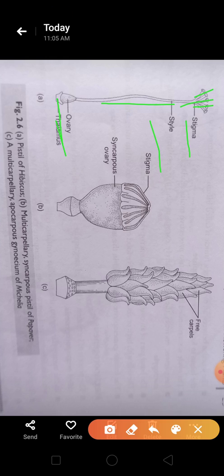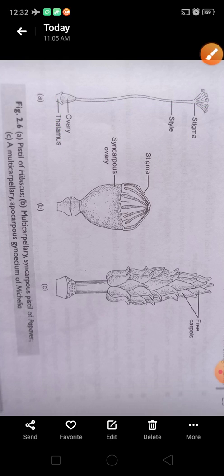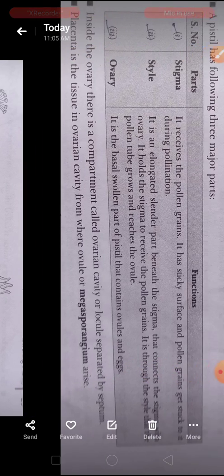Clear? I repeat once again, by the process of pollination, the pollen grains come from the anther to the stigma, and through the style they reach the ovary. Then after that fertilization takes place.